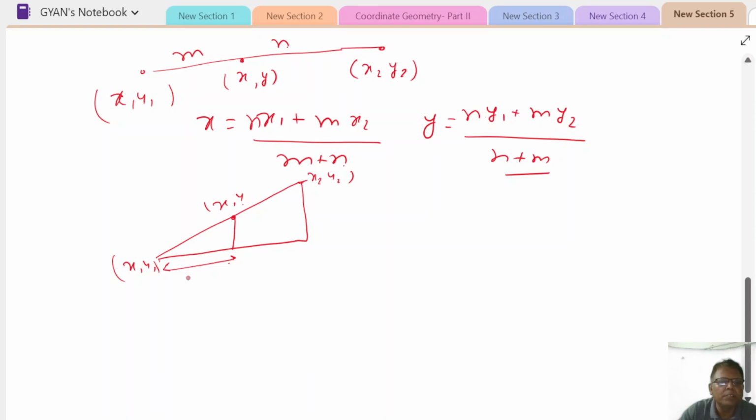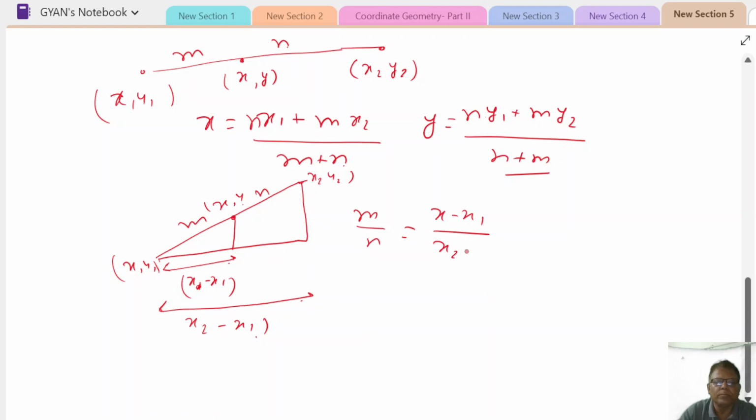This length is x minus x1, and this length is x2 minus x. So m is to n is equal to (x minus x1) divided by (x2 minus x).